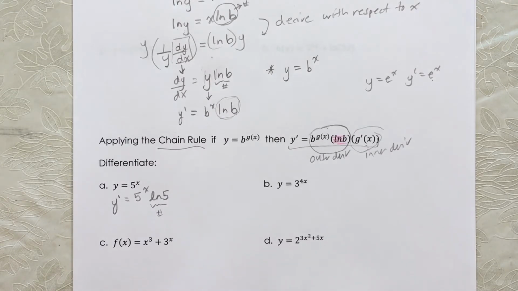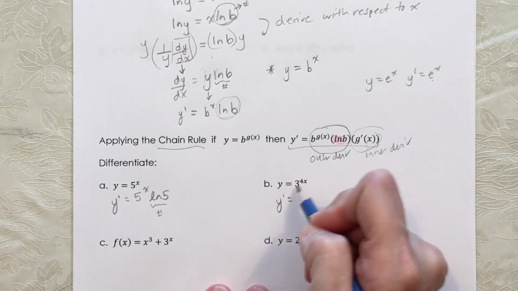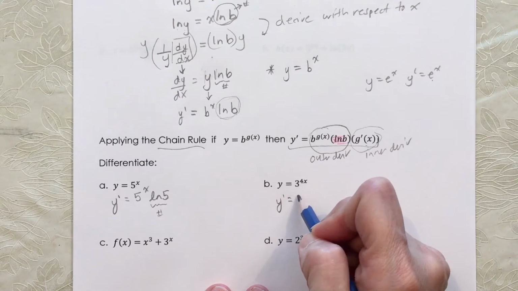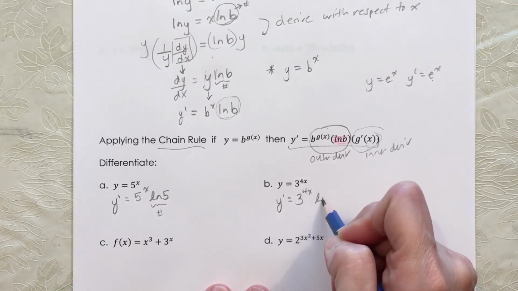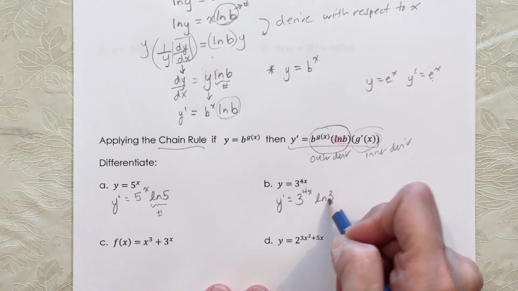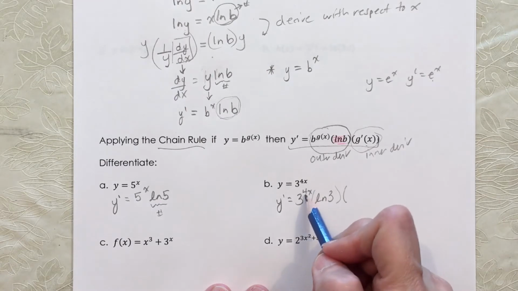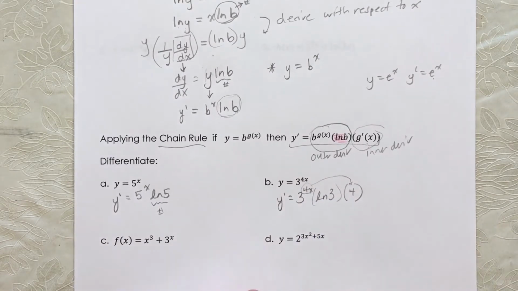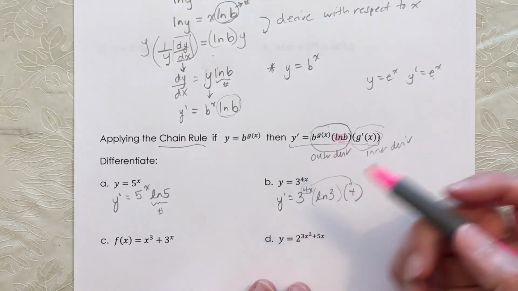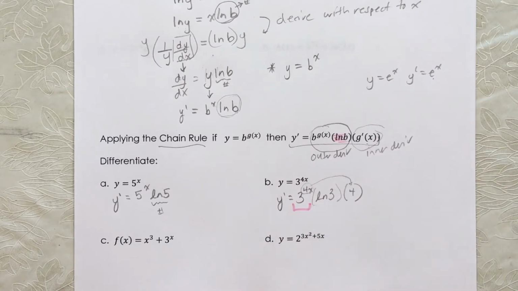Okay. Y equals 3 to the 4x. So y prime, this one is going to involve the chain rule. So I repeat the exponential part, 3 to the 4x. Then I multiply it by the ln of the base, 3, which is just a number. And then I multiply that by the derivative of 4x, which is 4. And again, this is three terms multiplying together. 3 to the 4x is an exponential function.